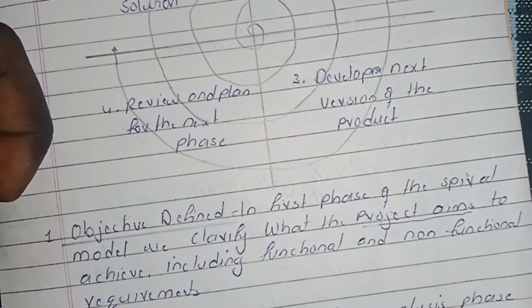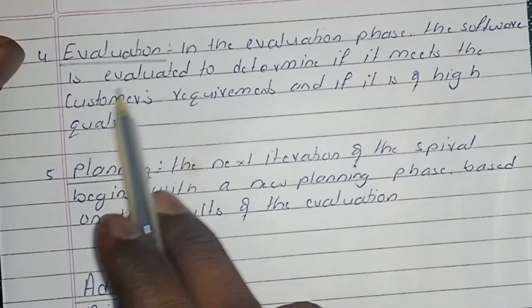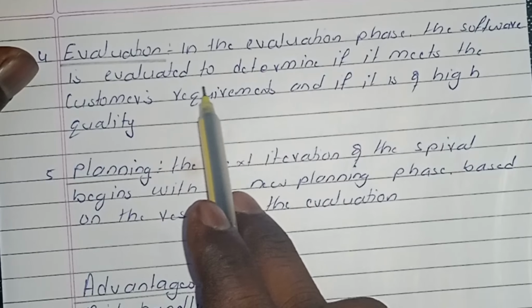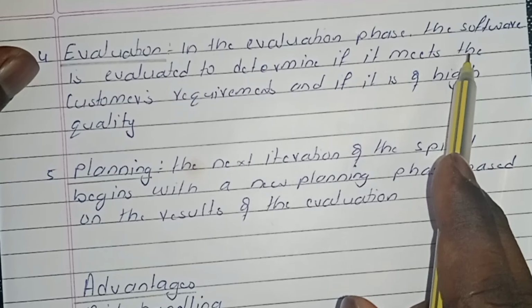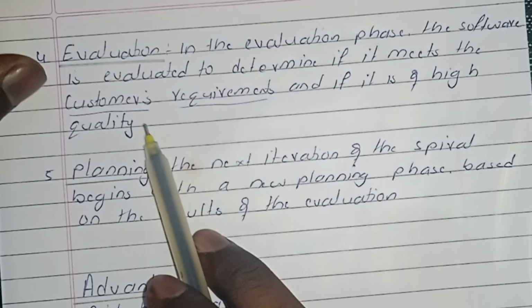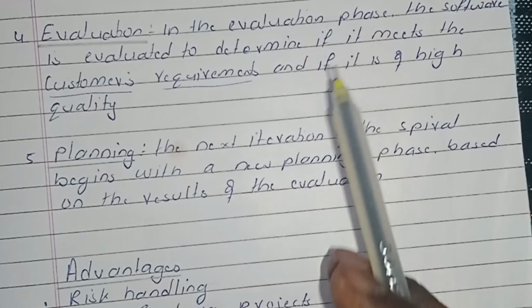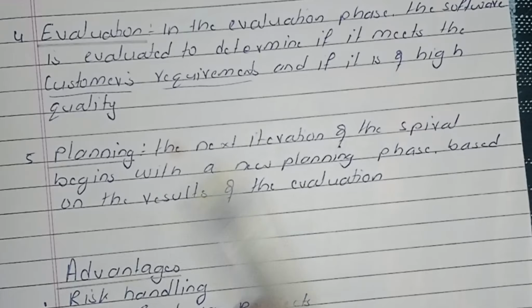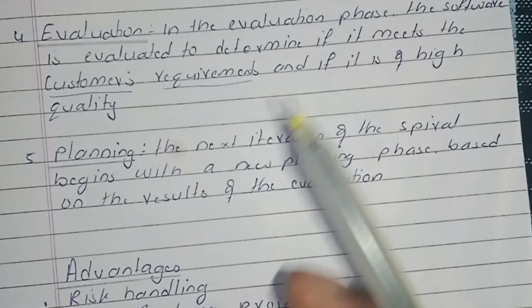So let us move on to the fourth phase, the evaluation. In this evaluation phase, the software is evaluated to determine if it meets the customer requirements. This is the major point. When we create any kind of project, the customer should be happy with it and get satisfied. Then only will we get more and more projects.